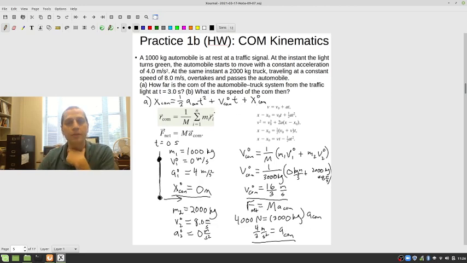And then part B asks, what is the speed of the center of mass then? Well, for that one, here's your x. The speed is the derivative of that with respect to time. So it would be V center of mass equals A center of mass times t plus V naught of the center of mass.